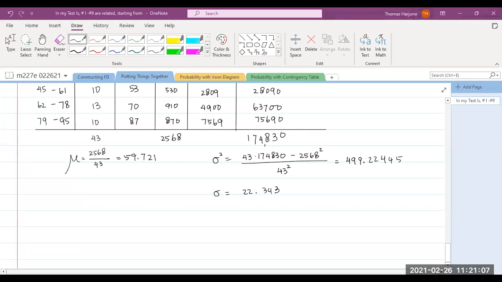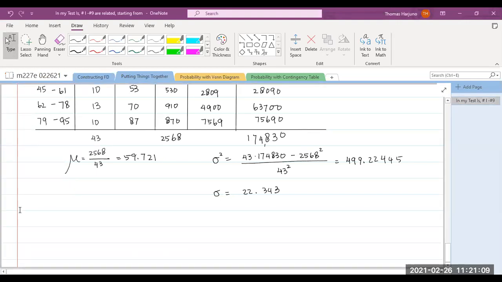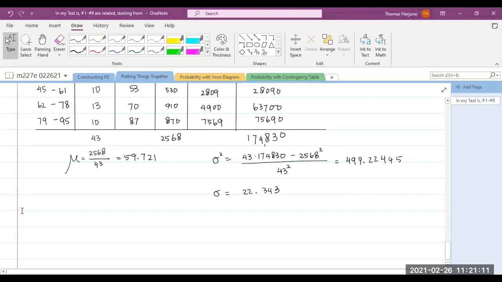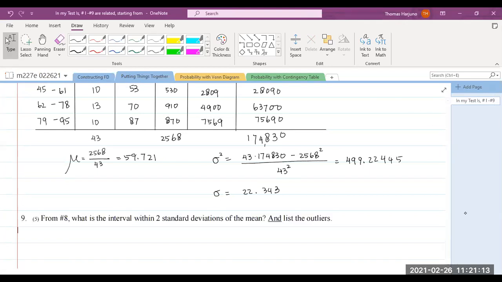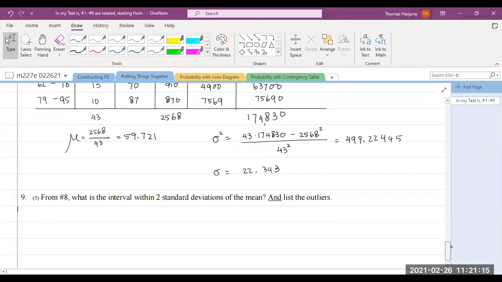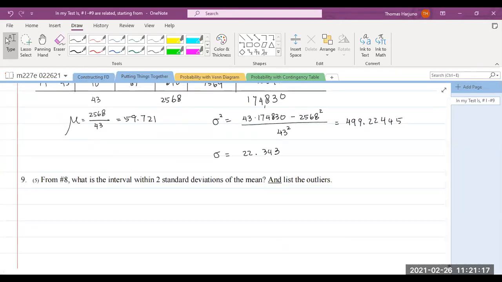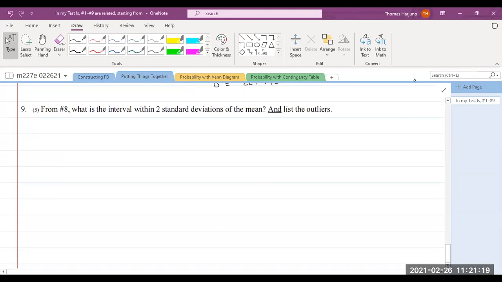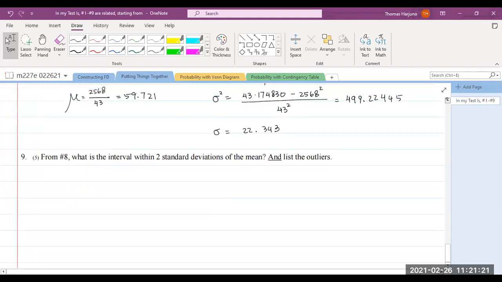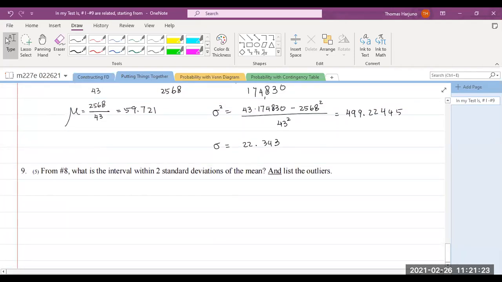What is the interval within 2 standard deviations from the mean? And then list the outliers. Let me ask you to work on that. Okay, and then for the outliers, we will only need to compare that with the original data, right?